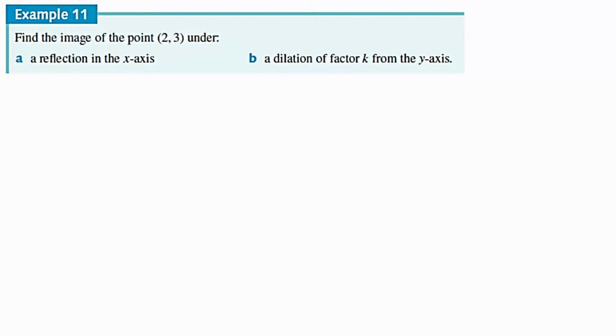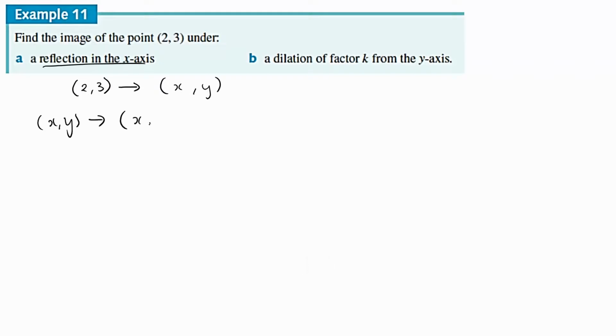Find the image of the point 2, 3. What they want you to do is not to use what you learnt in 7B. They don't want you to go 2, 3 and find out the new X and new Y, because you already know it's a reflection in the X-axis, so all the Y's become negative.